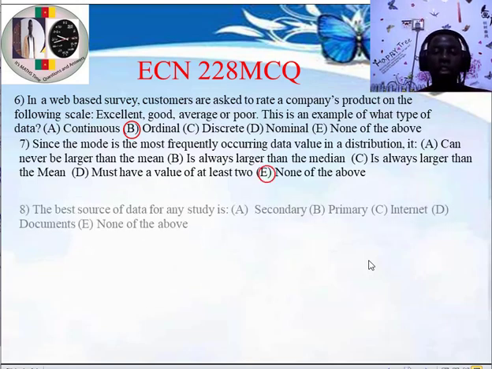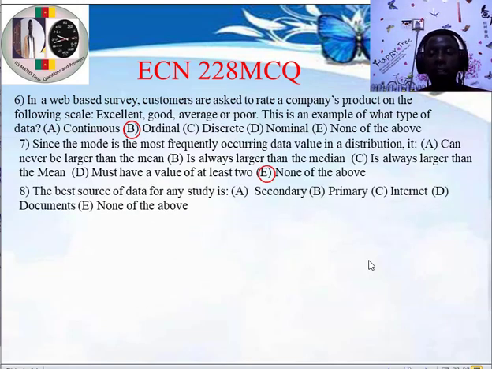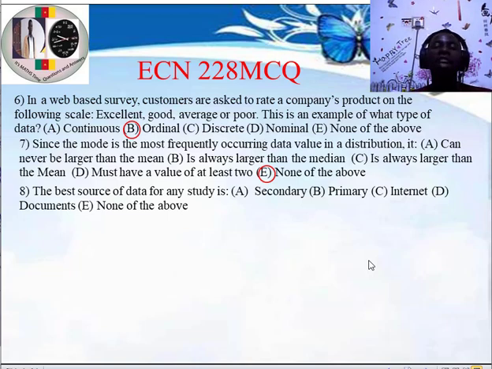Okay, question 8. The best source of data for any study is... okay, we don't have any best source of data for any study because most of the data are interrelated. So if they are interrelated, in most cases that we are going to collect data, we'll have a combination of secondary, primary, and so on. So we say that no data is best.